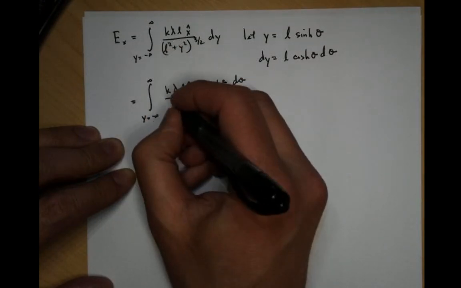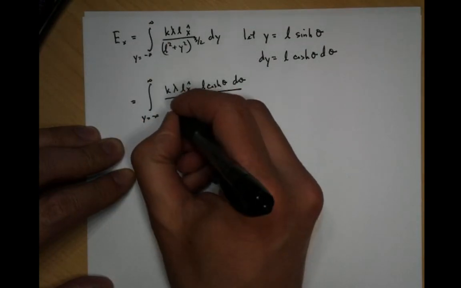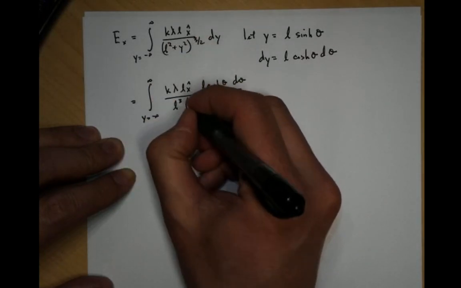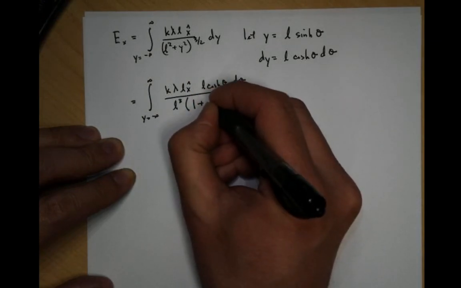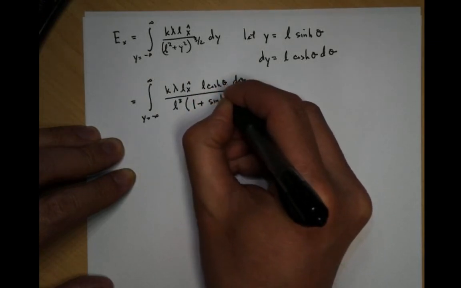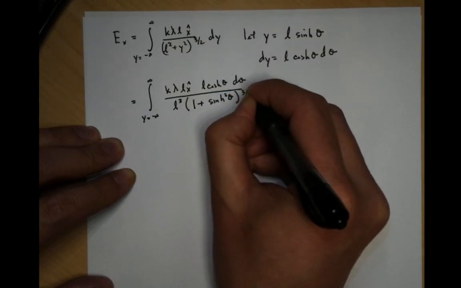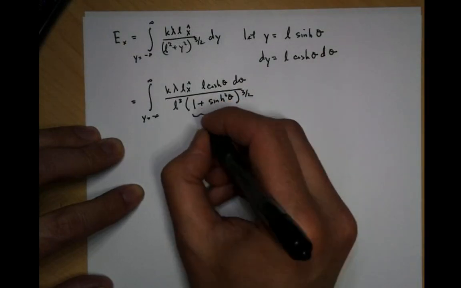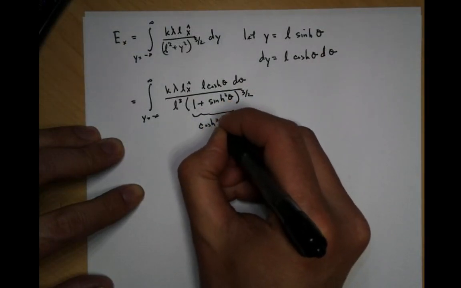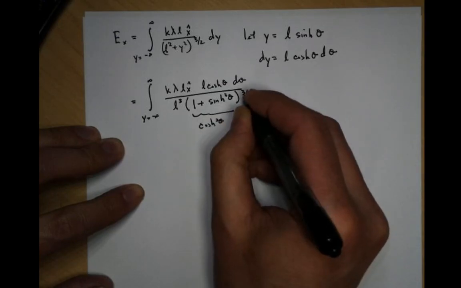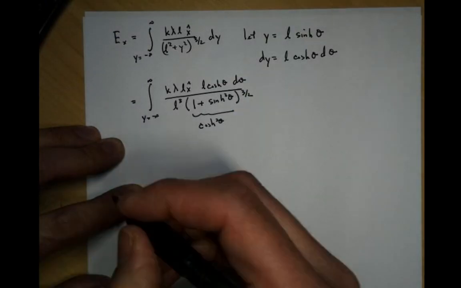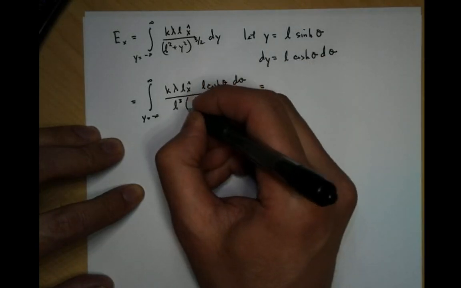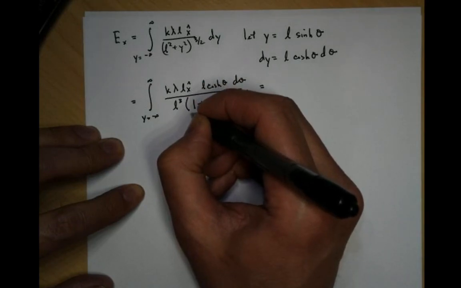I can factor the L squared out of this, so it'll be L cubed, since L squared to the 3 halves is L cubed, and the rest is going to be 1 plus sinh squared theta to the 3 halves power. This term here is just cosh squared theta, and cosh squared theta to the 3 halves is cosh cubed theta. So this is just going to be something pretty simple now, and let's get all the L's correct.